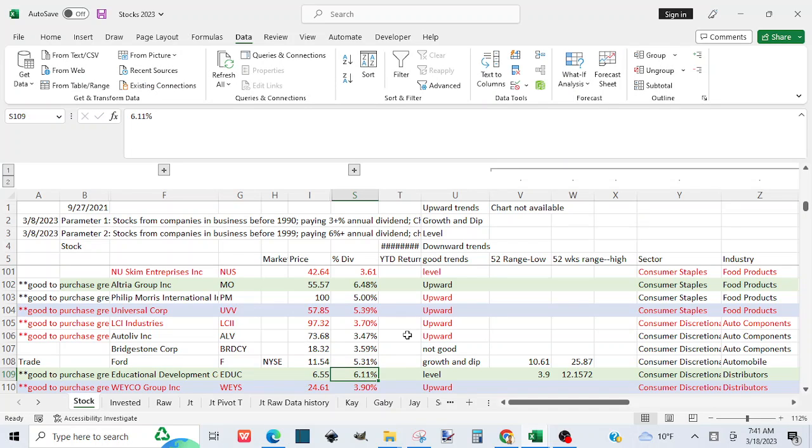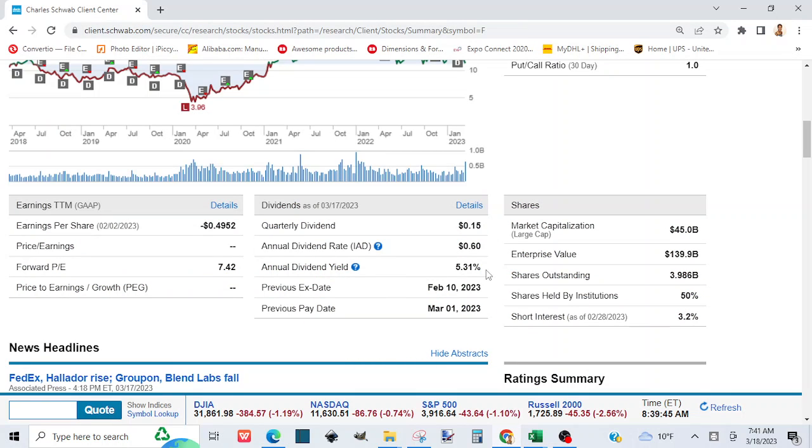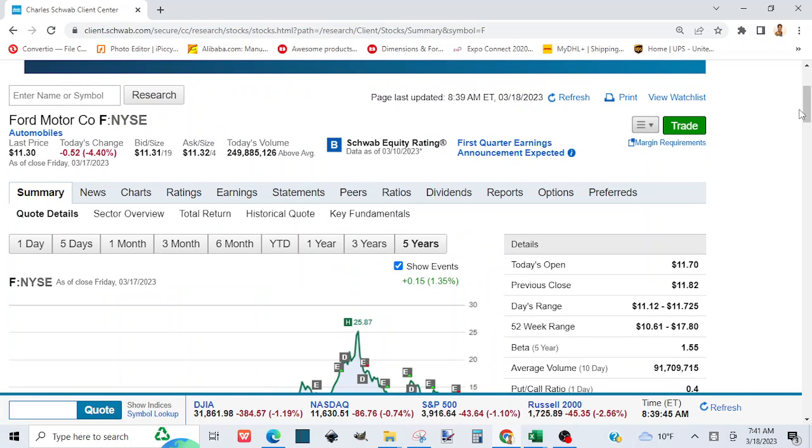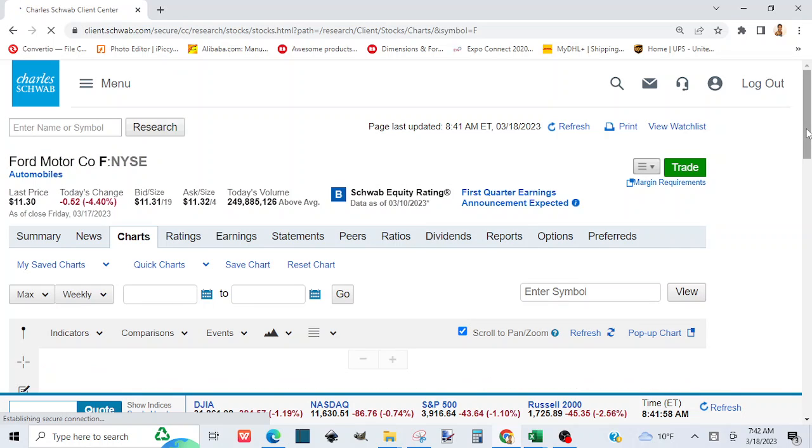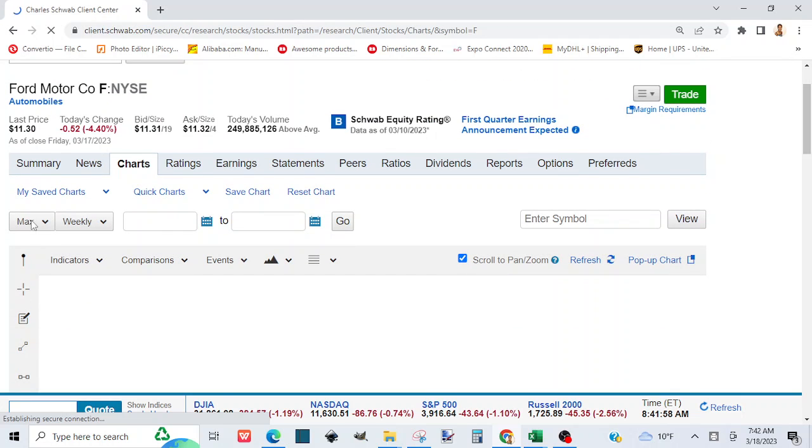Anyway, depending on when you are doing it, that's an example that it can vary. So the annual dividend is 5.31. And now we are going to go to the chart and see if it's old enough, if it passed that age requirement, and what the chart trend is. So we want to make sure it's maximum.